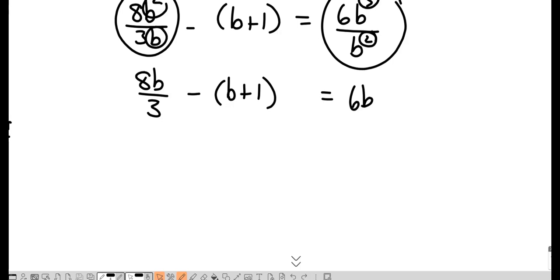However, we still have a fraction, so we need to kill that fraction. You know what we do? We multiply everything by 3 now. Yeah. So sometimes you still have a fraction. You got to do it again, right? So I'm going to multiply everything by 3 now. Right.